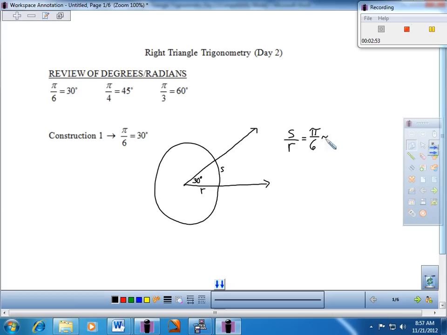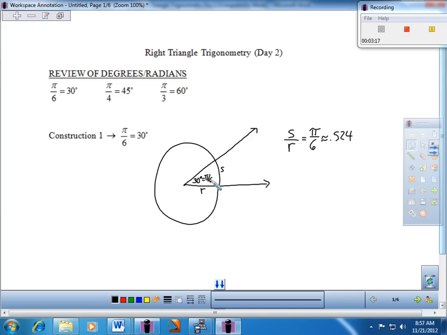And what you would find, and I've done this in the past, is that pi over 6 is about 0.524 radians, give or take. If you were to take the S value and divide by the R value, you would always come out with that decimal, what is pi divided by 6. So rehashing this idea, 30 degrees is exactly pi over 6 radians.